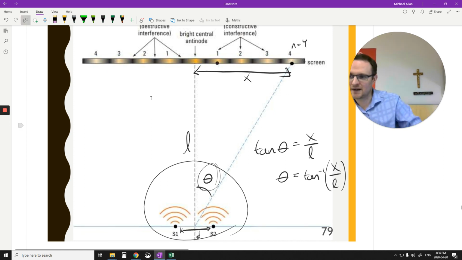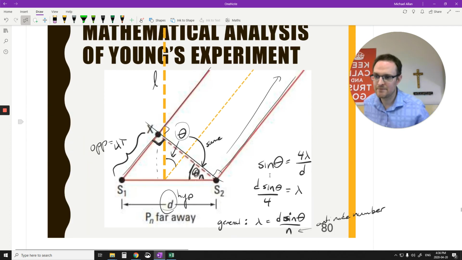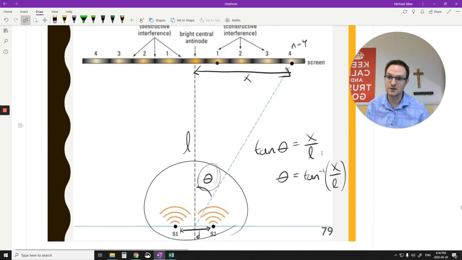So if I ever need to find theta to use in this formula down here, I can use x and L to do so. X being the distance from the central antinode to whatever node or antinode you're looking at, and L just being the distance from the slits to the screen or whatever measuring device is up here.